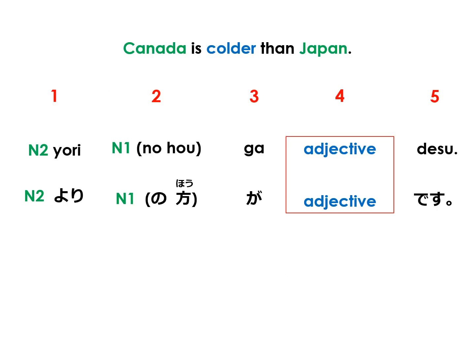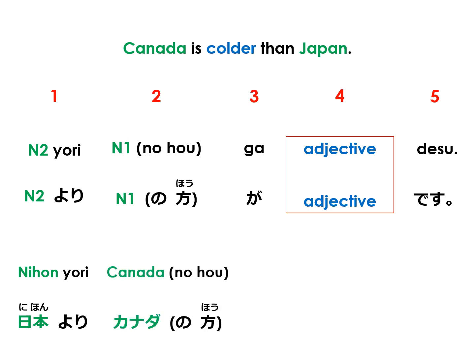For example, to say that Canada is colder than Japan, in this statement, the winner of this comparison is Canada and the loser is Japan, because Canada is colder than Japan. So we start off with the loser, Nihon yori, then the winner, Kanada no ho, or just Canada.